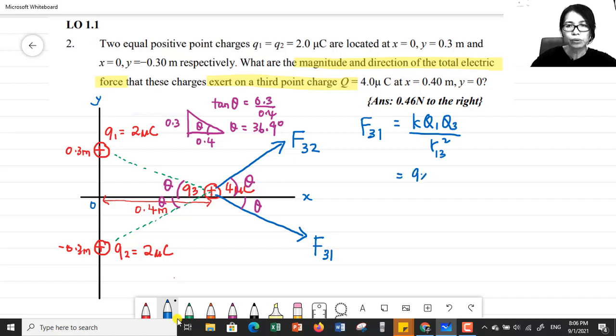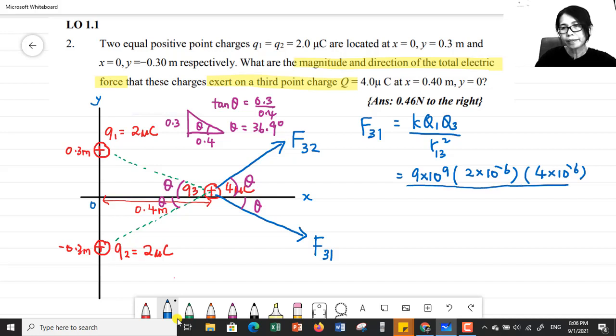So K is 9 times 10 to the power of 9. Q1 is 2 times 10 to the power of negative 6 coulomb. Q3 is 4 times 10 to the power of negative 6. Divided by the separation between the two charges, kita boleh gunakan theorem Pythagoras. Here is 0.3, here is 0.4, so here will be 0.5 meter.